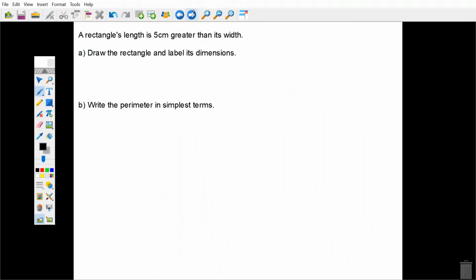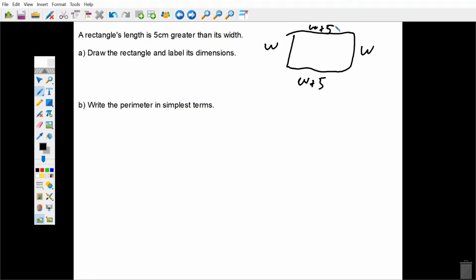Last one. It says a rectangle's length is 5 centimeters greater than the width. The width is W, and the length would be, it's 5 centimeters greater than the width, so it would be W plus 5.